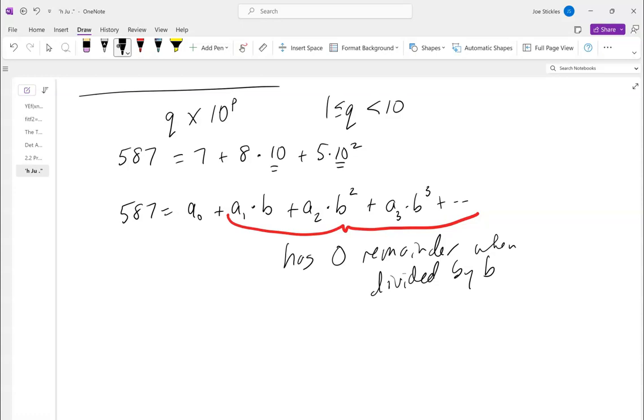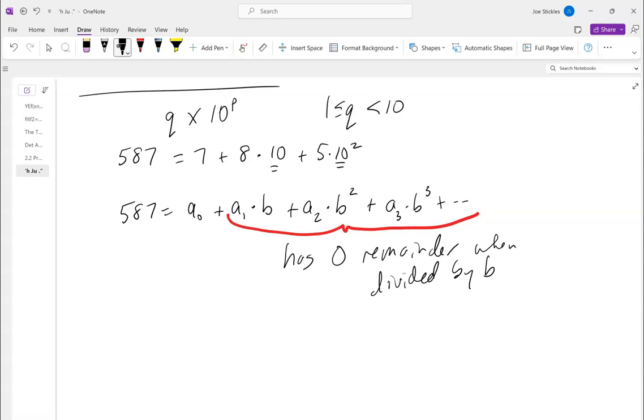So if I divide the right-hand side by B, the remainder we get is A0. Well, if everything is equal here, the remainder when I divide by B on this side better be equal to the remainder when we divide by B on that side, right? So that's how we're going to find that first place, that first B's place, if you will.